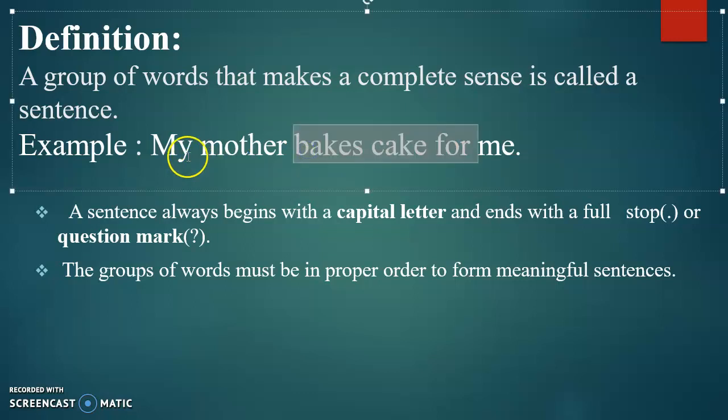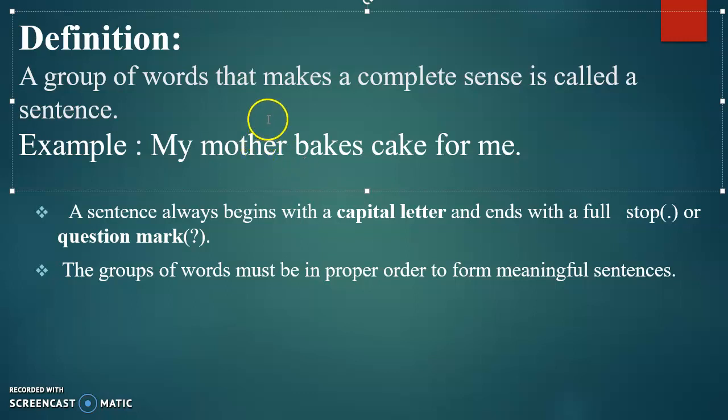Here in this sentence, you can see it starts with a capital and ends with a full stop. It also has a verb and it gives a complete meaning. Now have all the students understood? All sentences contain a verb.